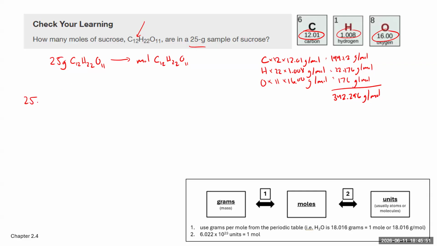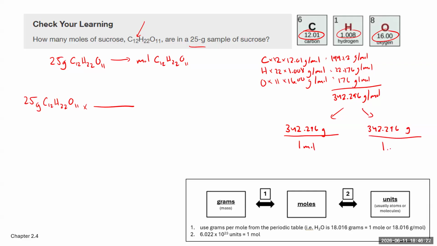All right, so let's do that. Original value, 25 grams of C12H22O11. So here, let's write this as fractions because it's a little wonky. Grams per 1 mole, and this is 342.296 grams per 1 mole.